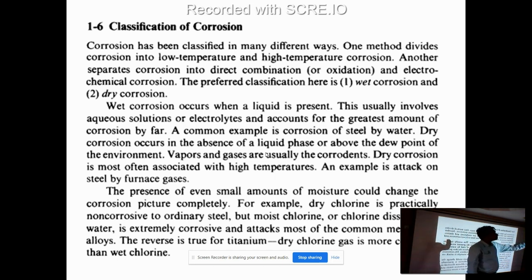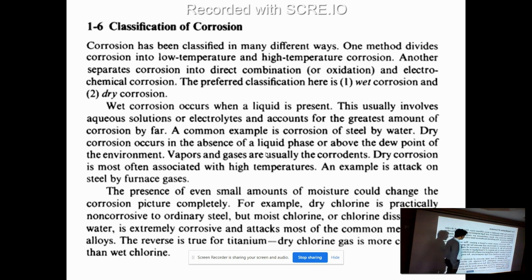Even if I dip stainless steel in water, that stainless steel also gets corroded, because water contains H plus ions. H plus is also a good oxidizing agent, because H plus takes an electron, and H plus plus electron gives H2. We have studied the standard reduction reaction. So water will also try to corrode the stainless steel, which is in the aqueous medium. That's why it comes under wet corrosion.